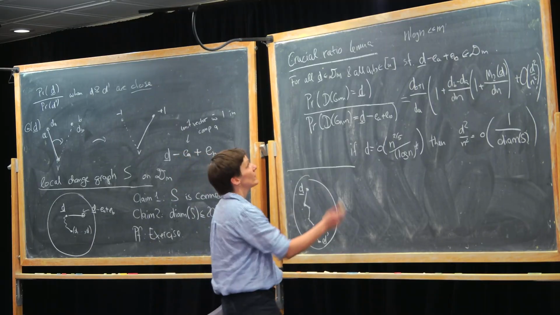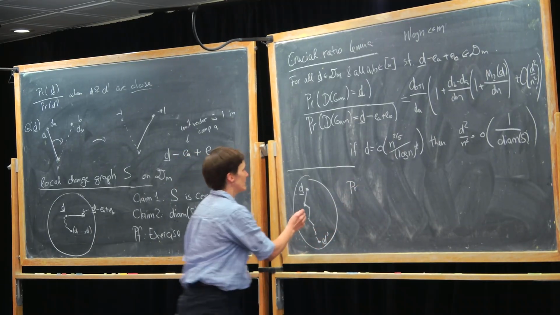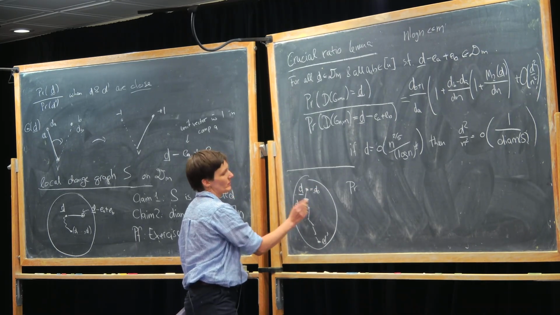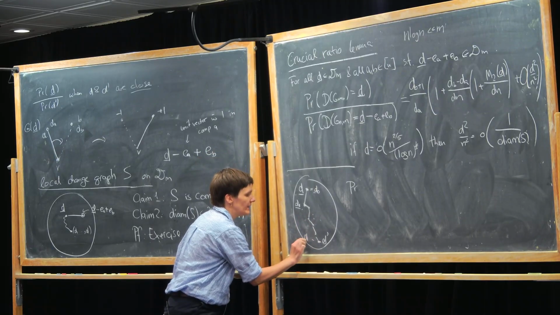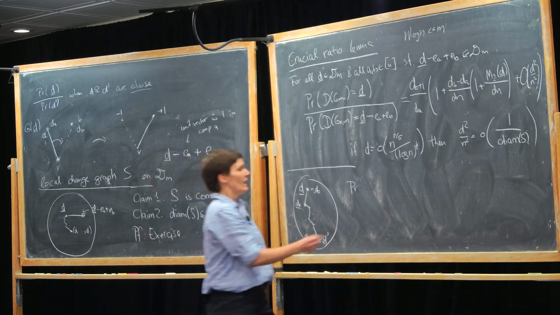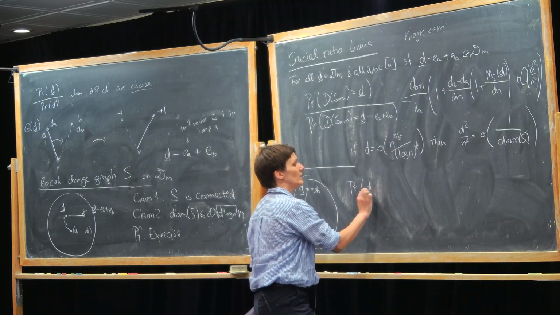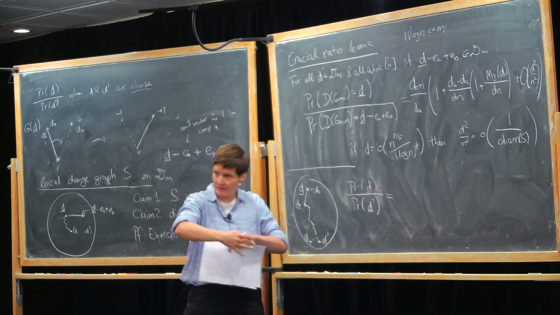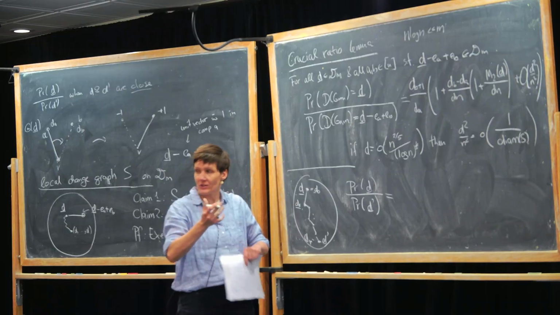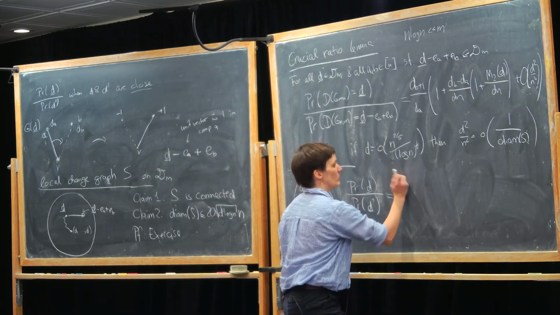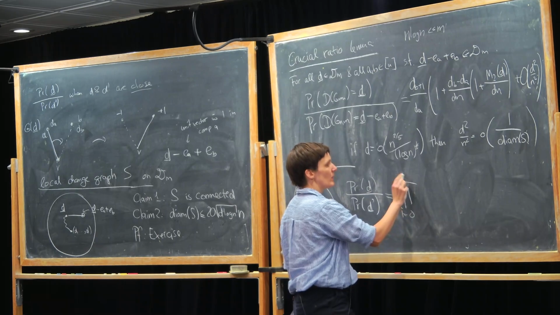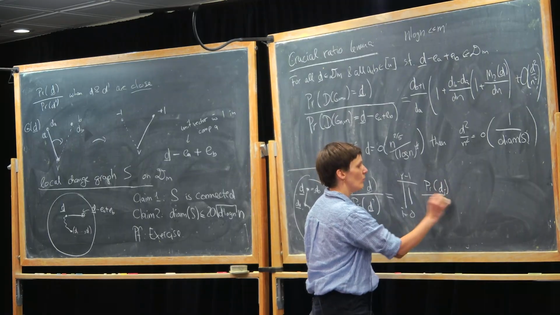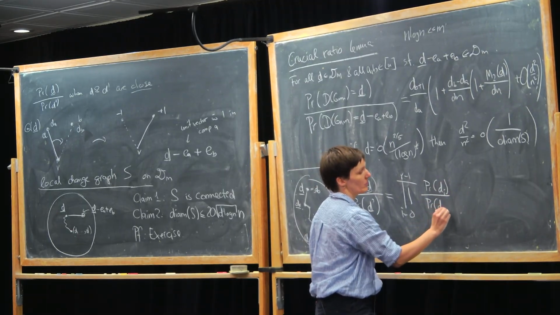For arbitrary sequences, let's say D0 is on my shortest path, D1 is on my shortest path, and so on, up to Dr. I can write the probability of D in G(n,m) over the probability of D prime in G(n,m) as a telescoping product of these adjacent ratios: the product for i equals 0 up to r minus 1 of the probability of Di over the probability of Di plus 1.